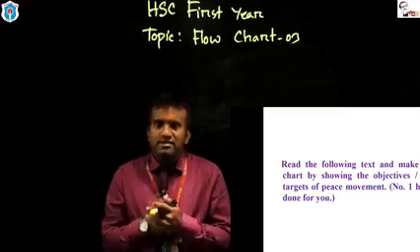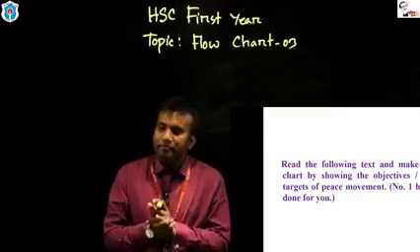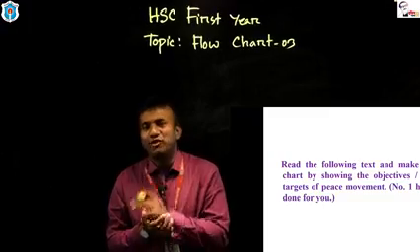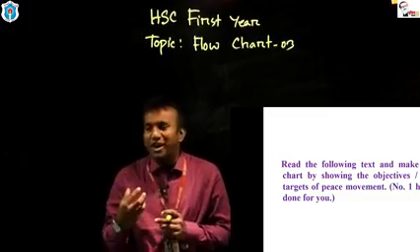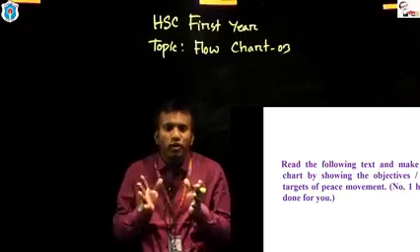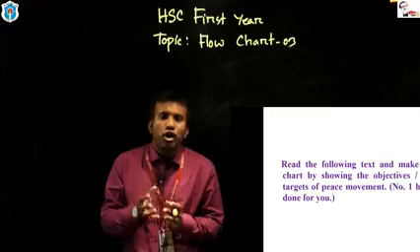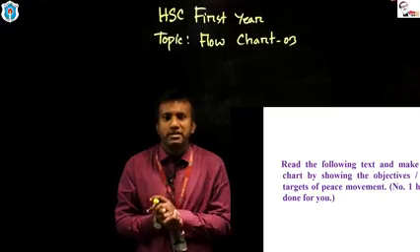With this question, it has been really clear to you, I think, the subject matter of our flowchart. We are going to talk about the objectives of peace movement. We are going to talk about a lesson, and in this lesson we will get the objectives of peace movement.